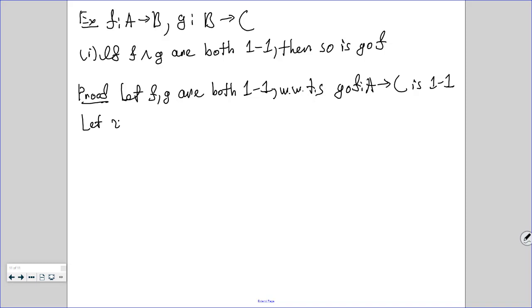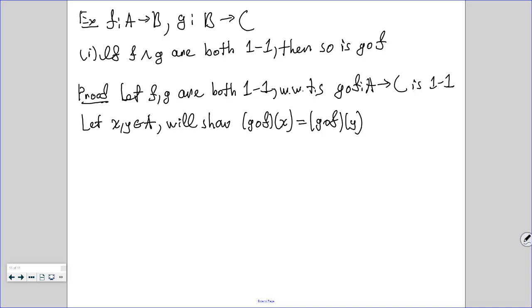Let's take x, y that belong to A. We will show that if the composite function of x is equal to the composite function of y, then this implies that x is equal to y.